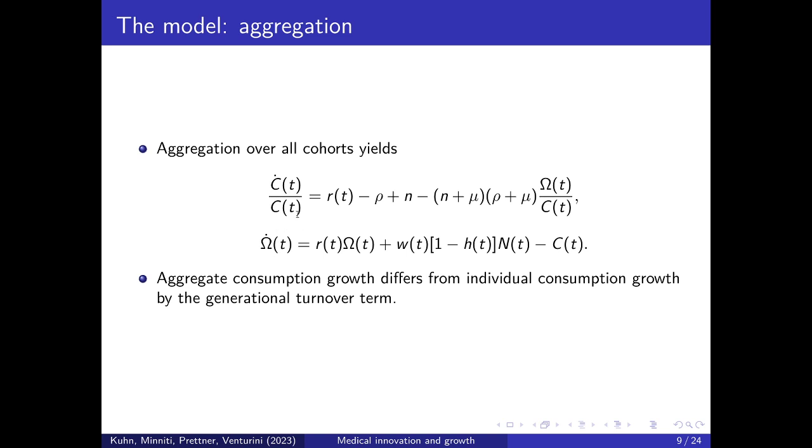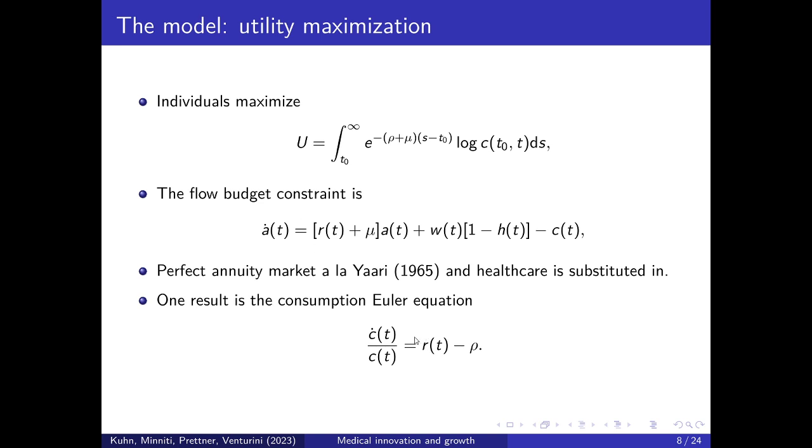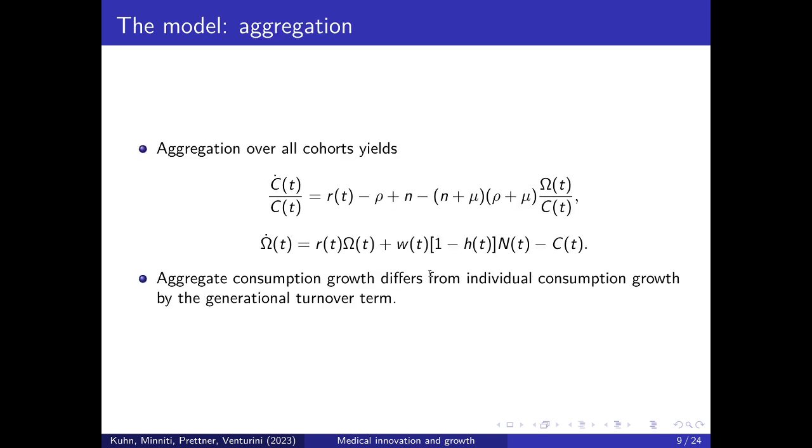So always uppercase variables refer to aggregates and lowercase variables to cohort or per capita variables. Now what we see here is that the aggregate Euler equation consists of the individual Euler equation, but there are two additional terms. Population growth shows up with a positive sign. That's reasonable because ceteris paribus, if the population grows faster, then aggregate consumption also grows faster.